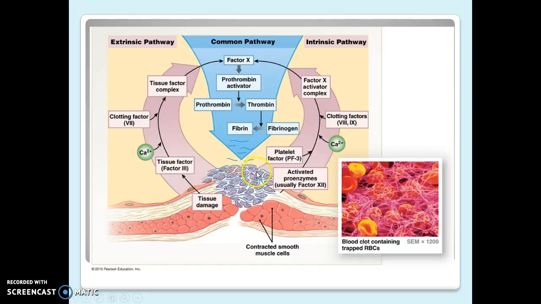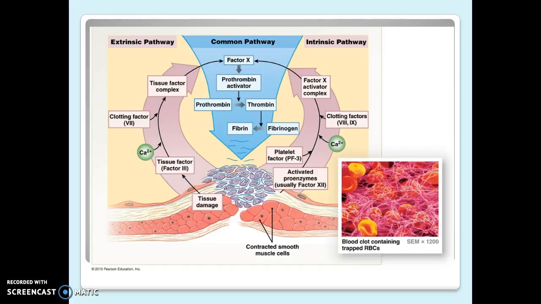What happens eventually is this all comes together on the intrinsic pathway, and it's again going to generate the activity of factor 10. The intrinsic pathway is slower, but once it's started, it is a greater reaction. You have more activity happening.